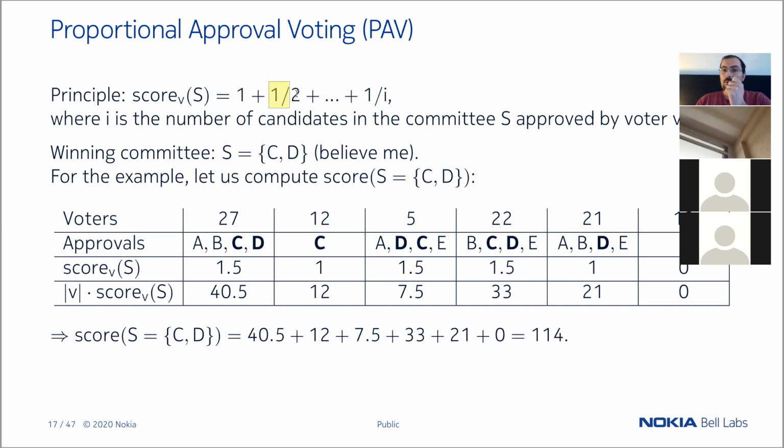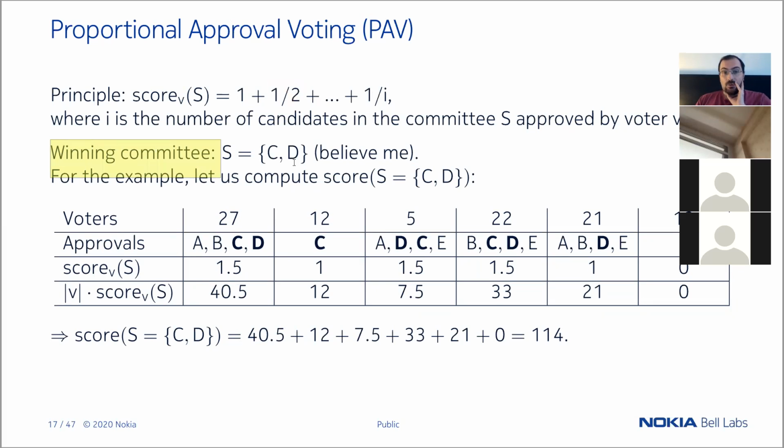But when you have a second candidate in the winning committee that you approve of, then your welfare is only increased by 1/2. So you're very happy when your first approved candidate comes into the committee, but you're a bit less happy when there is a second candidate that you approve of in the committee, and so on. You follow a harmonic sequence.